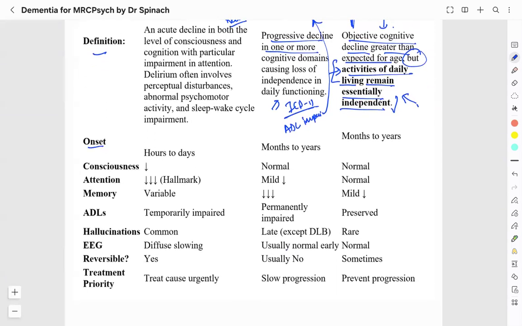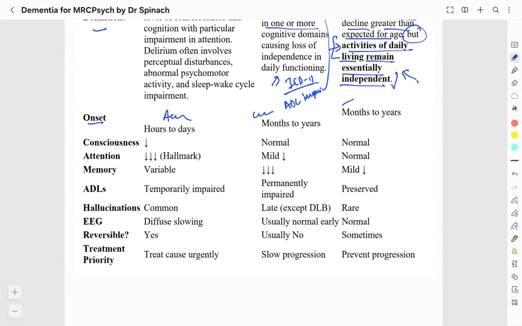Onset, as you said, is acute in delirium, and more chronic and insidious in dementia. Consciousness is decreased in delirium, normal here, but maybe in late dementia consciousness might be decreased. This is normal. Attention is very much decreased, which is the hallmark of delirium. Then we have mild decrease in attention in dementia and normal attention in mild cognitive impairment.